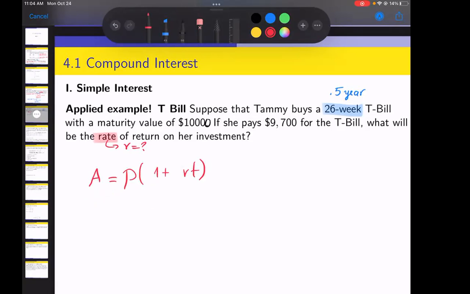I have principal. I have T. This is the accumulated amount after 1 year, which is 10,000. Right?